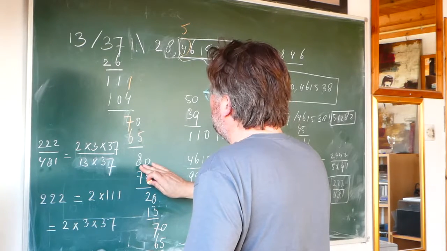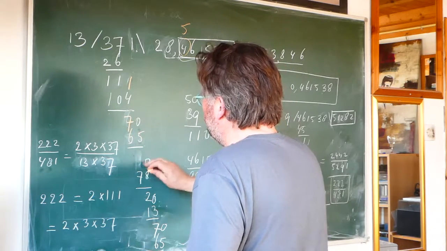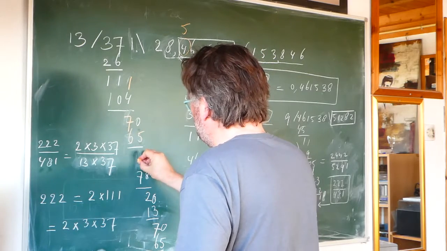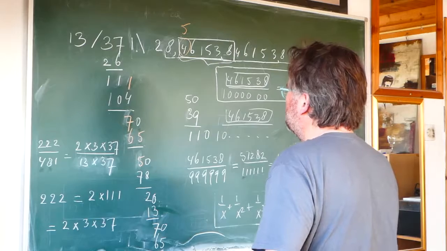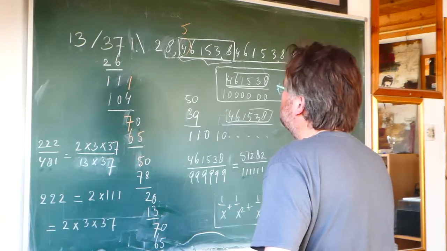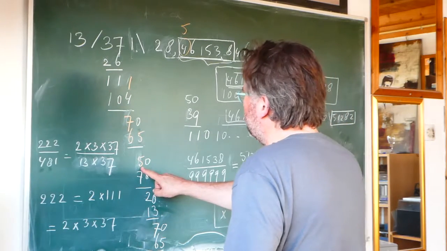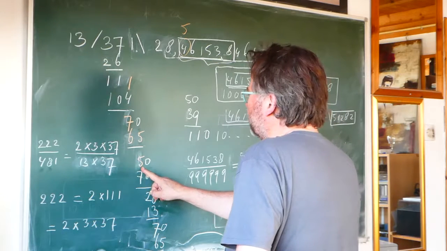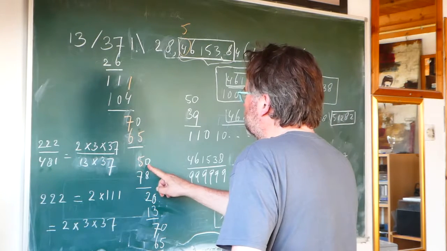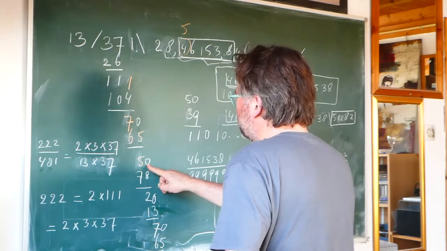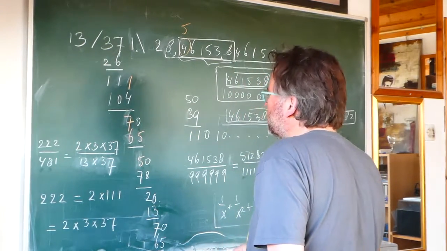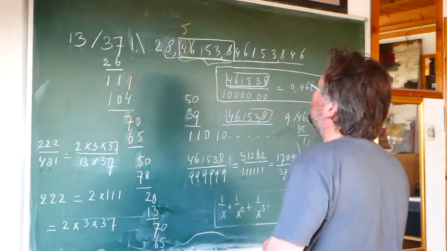So this will be 5. But the 5, if I 50 divided by 13, is going to give me 3. So that means that this repetition, of course, starts at another spot. And I've already done that.